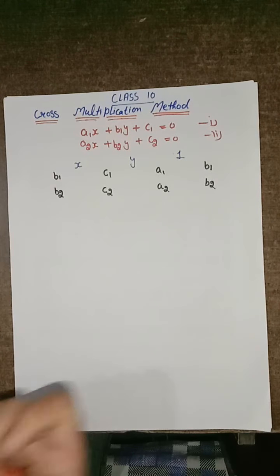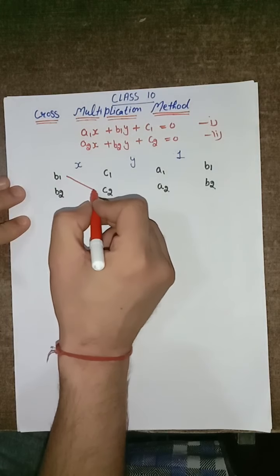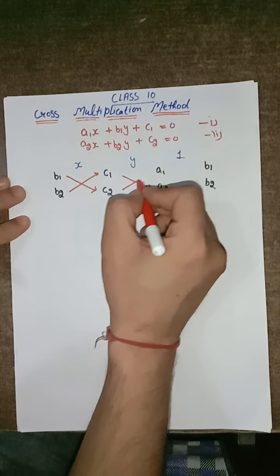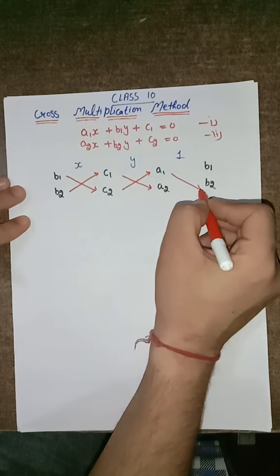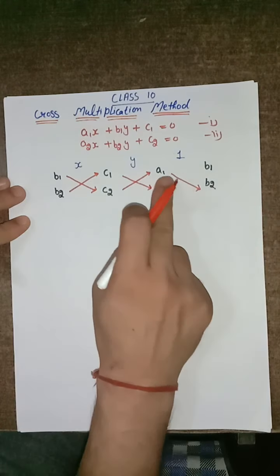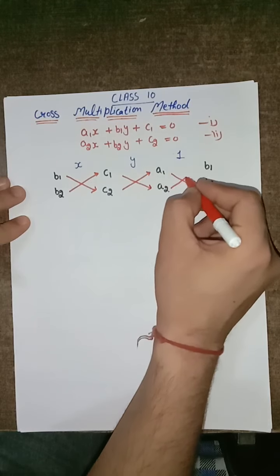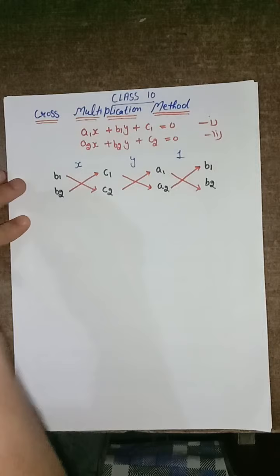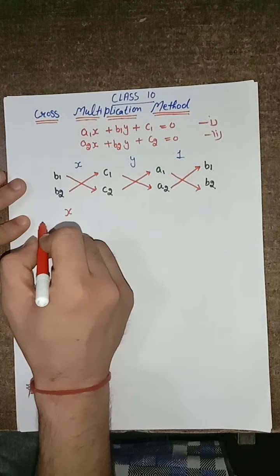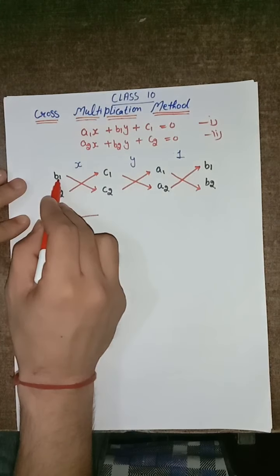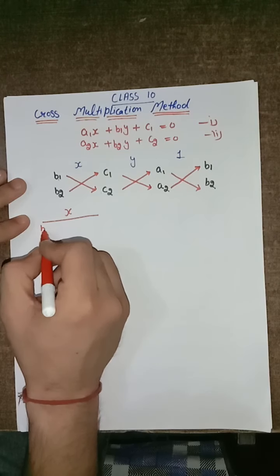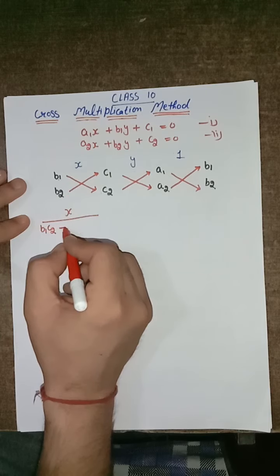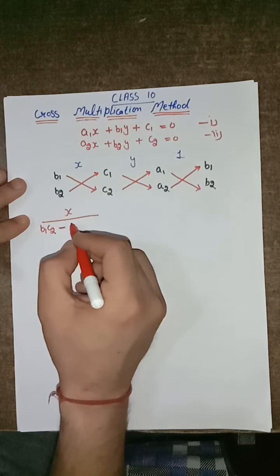Now we will cross multiply like this. We put arrow signs like this, first from top to bottom and then bottom to top. Now write x here and solve this: b1 into c2, then put a negative sign and b2 into c1.